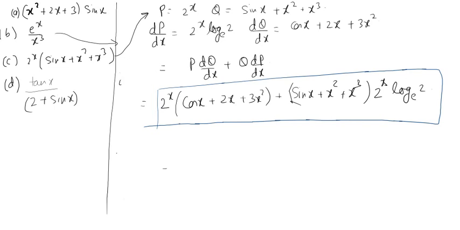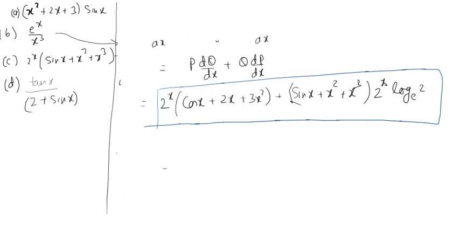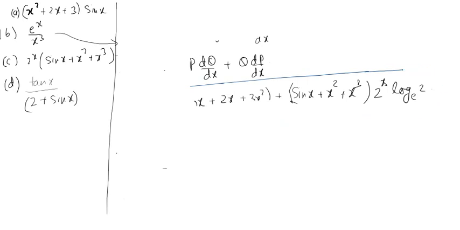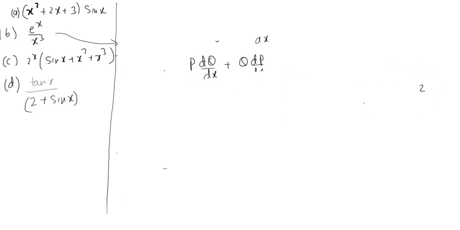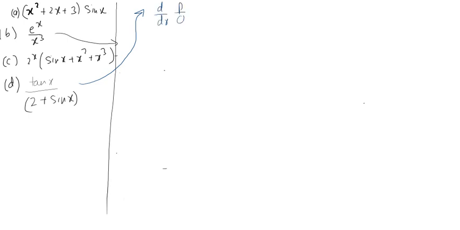Finally, let us discuss the last problem. So in the last problem, it is of the form d by dx of p by q, and we all know the formula.